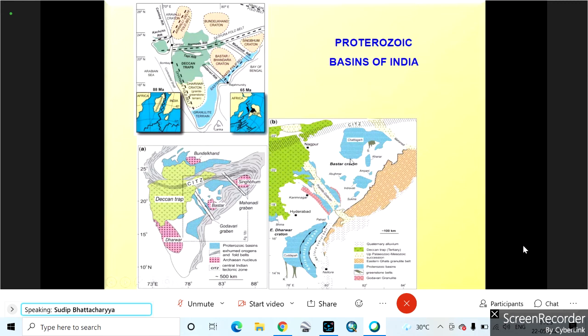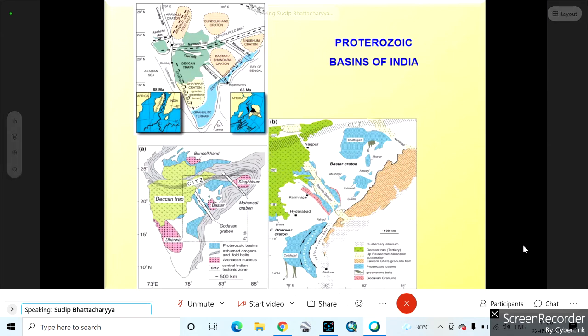Some cratons are there, and within the cratons the sag basins are there. They are not controlled by any such tectonic element within the craton. So these are the basins called sag basins, and I will discuss them later because they do not have so much hydrocarbon potentiality.